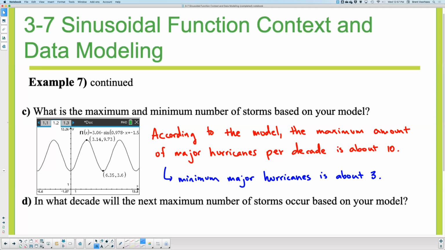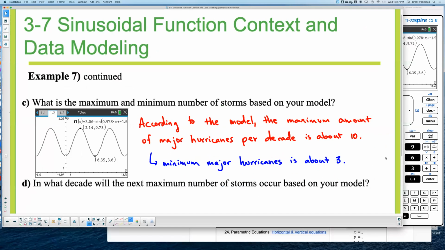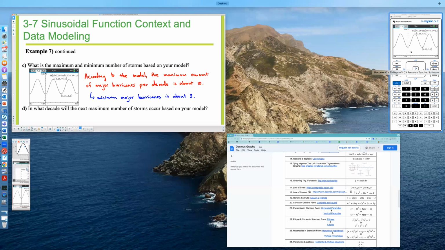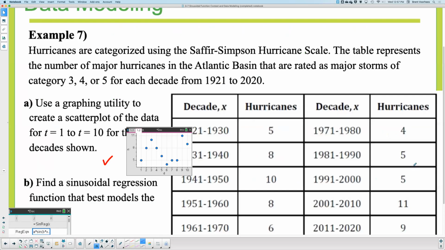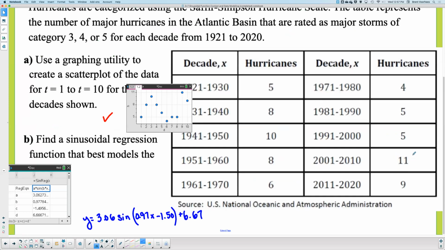And that, again, would be per decade. Now, when you look back at this data from the previous slide, you might notice that we had a decade that had 11, but we're talking about according to the model. So even though the data itself says 11, we're going to go off our model that predicted about 10. That would be an anomaly there.